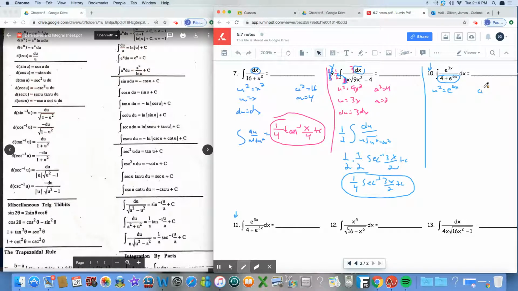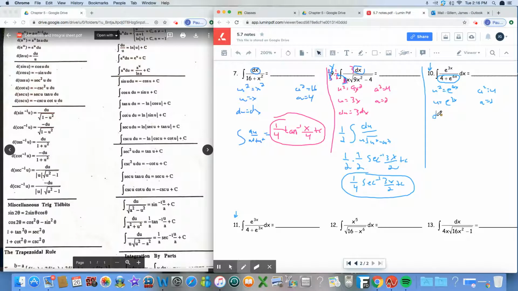And I made my a squared 4, which means my a is equal to 2. My u, well, what's the square root of e to the 6x? Well, when you take the square root of something with a variable, you just divide the exponent. What's the square root of x squared? It's x. What's the square root of x to the 4th? It's x squared. You take the exponent and divide it by 2. So 6x divided by 2 is e to the 3x.